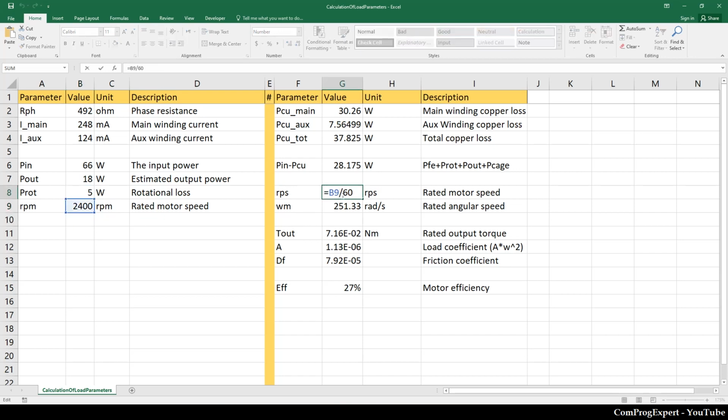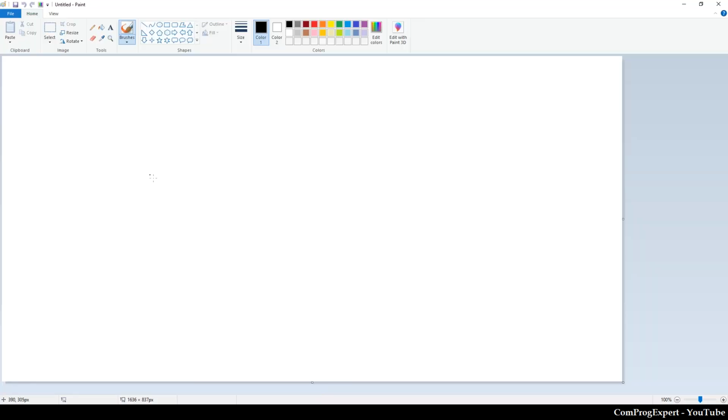I can calculate RPS, that is RPM divided by 60. Also, I can calculate rated angular speed, 2 times pi times RPS. And I can say that the rated output torque is the output power divided by omega m, right?